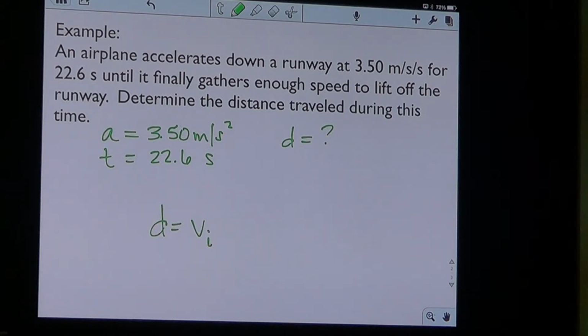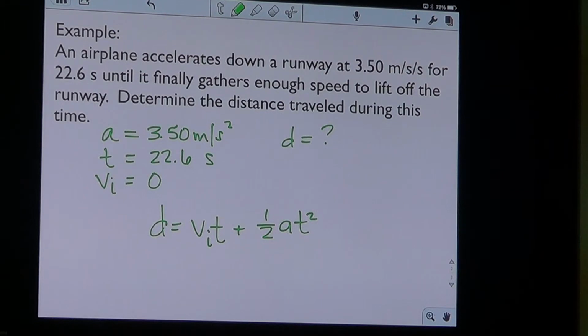What is the one that we're missing? The initial velocity. What do you think the initial velocity of the plane is? 0. Right. Why is it 0? Because the plane would start by not moving; when the time is 0, the plane would not be moving yet.